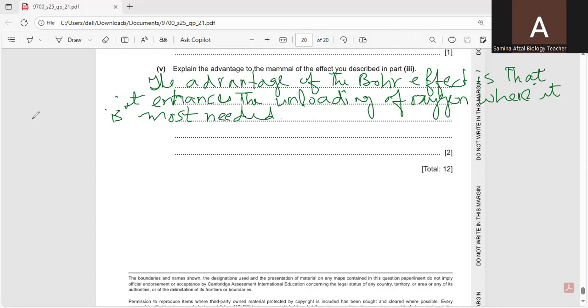The higher carbon dioxide reduces the affinity of hemoglobin for oxygen.